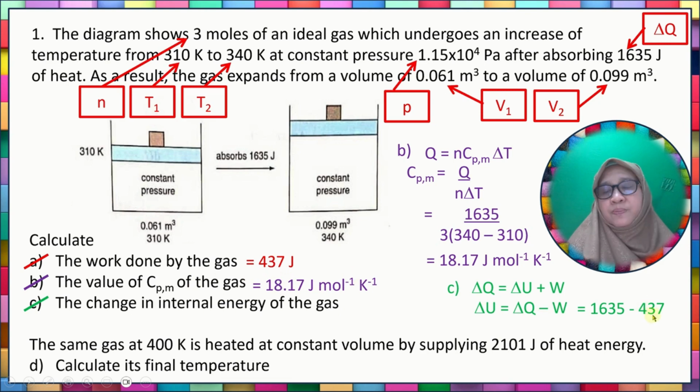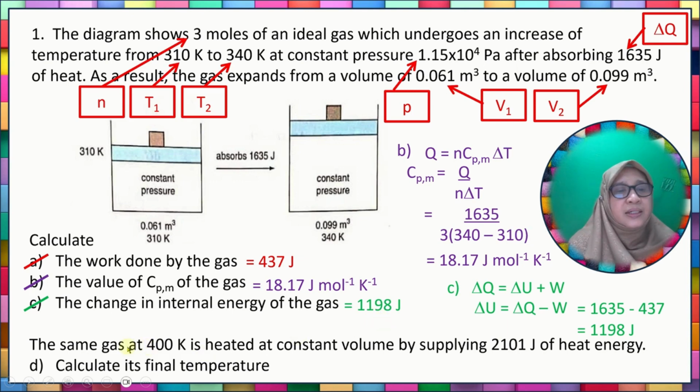So minus positive 437, and the answer is 1198 joule. This is the change in internal energy, and we get a positive value, so that means the internal energy increases.